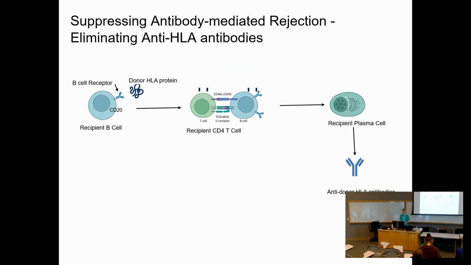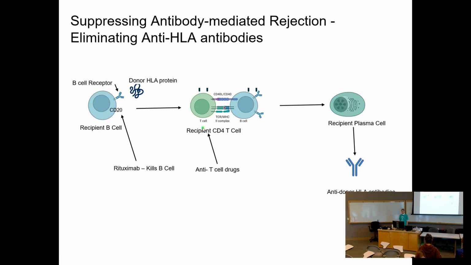The other way we have now of trying to cut down on rejection is shown here: the donor HLA protein interacting with the B cell receptor, and then stimulation by CD4 cells eventually makes this plasma cell that makes anti-donor HLA antibody. We have rituximab, which targets CD20 on B cells. It's used a lot for B cell leukemias or lymphomas, but we're now using it in transplant to kill off the B cells that might make anti-HLA antibody.